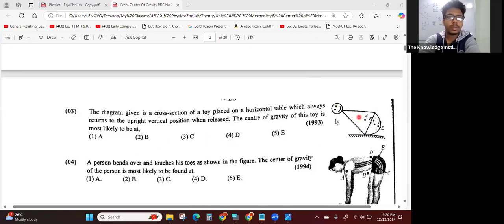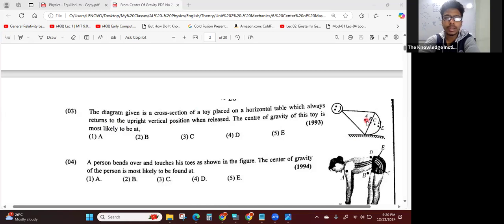Okay, so this one is also related to the next topic that we want to discuss, the stability of an object considering the center of gravity. It says it always returns to the upright vertical position.